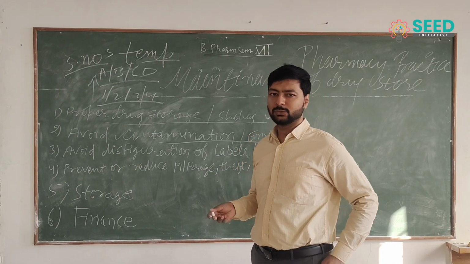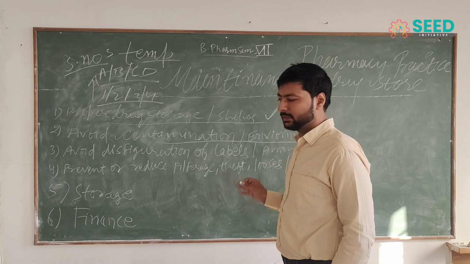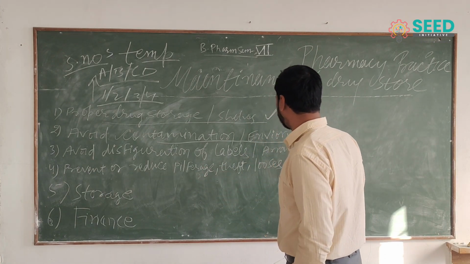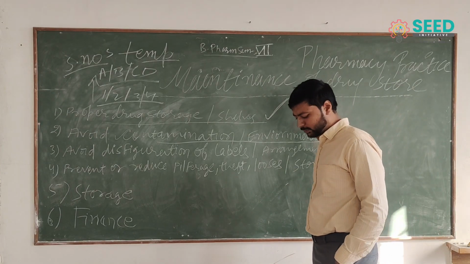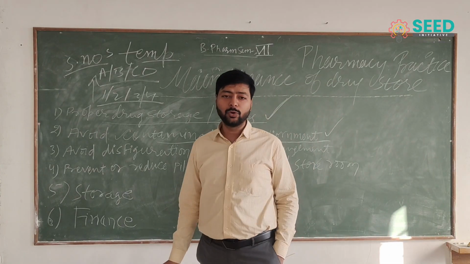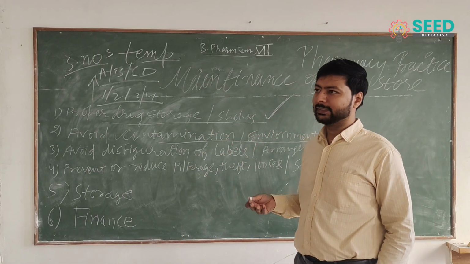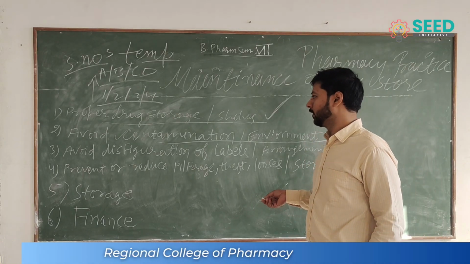So always mix all the things on a clean surface and in clean solutions. So avoiding contamination is also about the environment. Environment is related to contamination because if temperature is not maintained, and if moisture and humidity are high, sometimes we have seen this in lozenges also.